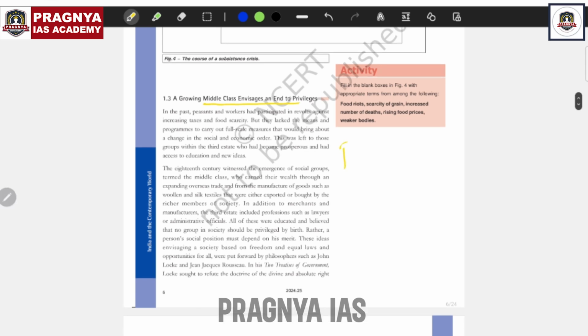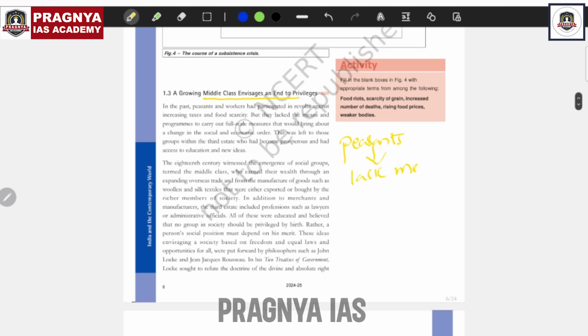But these peasants lacked the means and programs to carry out full-scale measures. Where exactly did this growing middle class help the revolt? In what way?